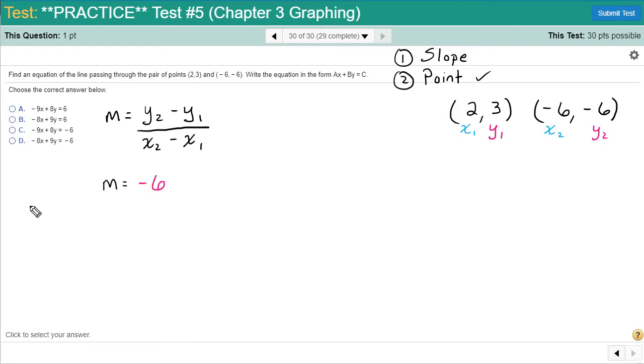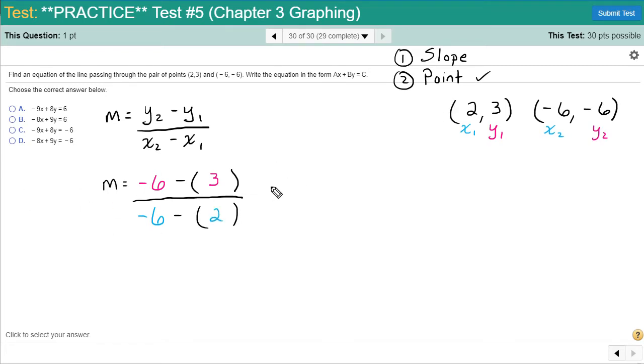So -6 minus y sub 1, which is +3, and that, of course, is all over x sub 2, which we have as -6, minus x sub 1, which we've got labeled as +2.